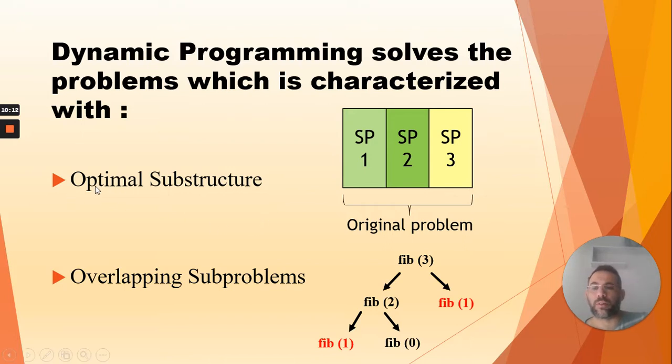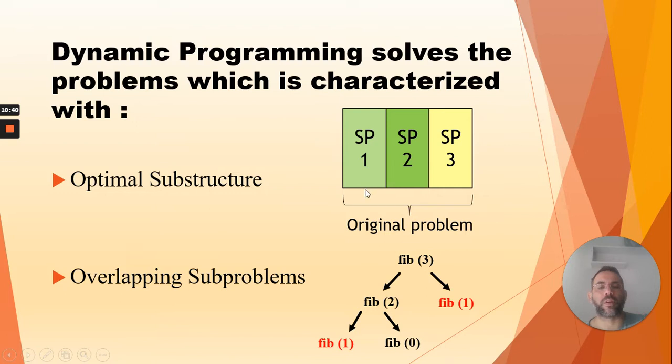In the first property, we can explain it by this example. This example, where I'm pointing now, is the main problem. It's broken down into three sub-problems. The first sub-problem will be solved.